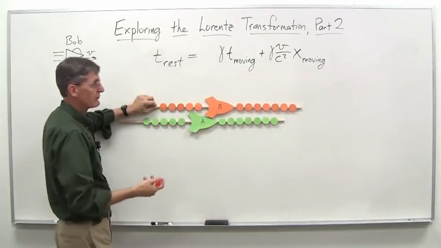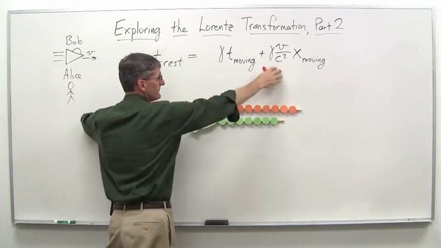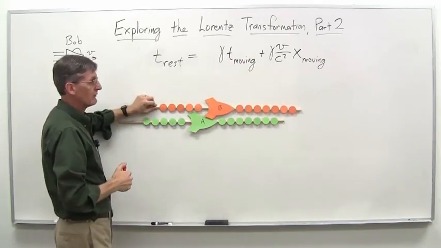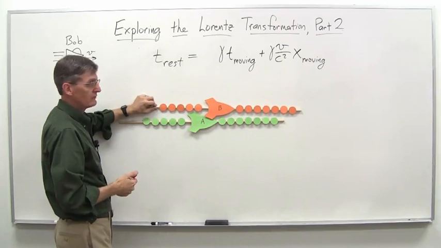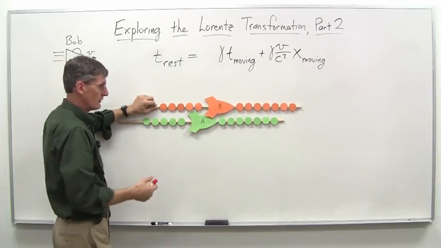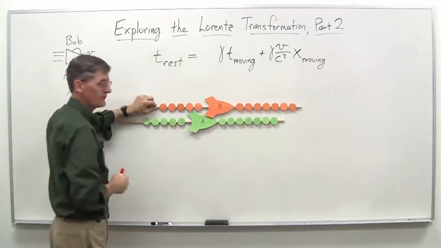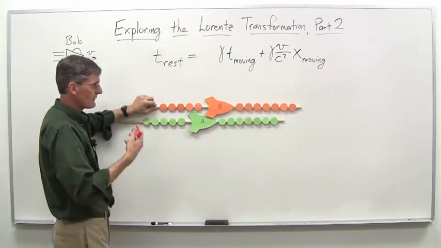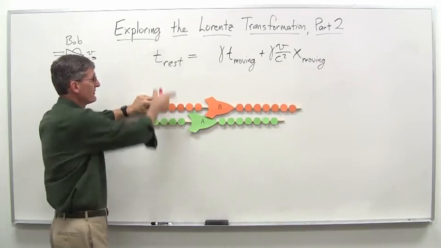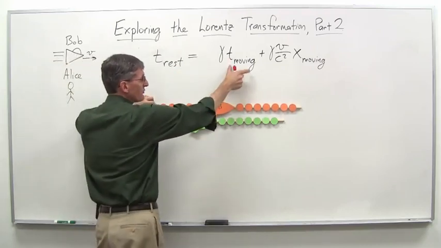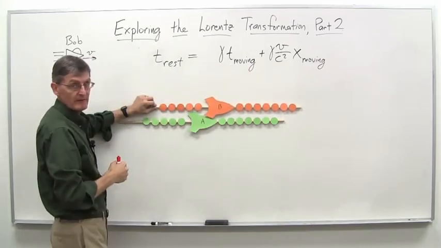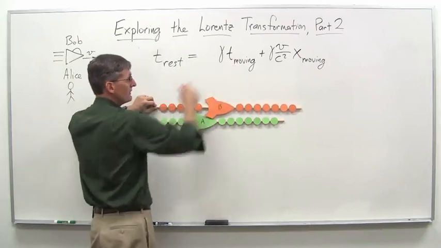And assuming both those terms are positive, we're assuming nothing is 0, because v is not 0, gamma is not 0, obviously. x is not 0. In other words, the x value is maybe 1, 2, the third clock out there, the second clock, or something like that. So what that essentially means is if this is 10, then this term here has to be less than 10. And in particular, t moving has to be less than 10.